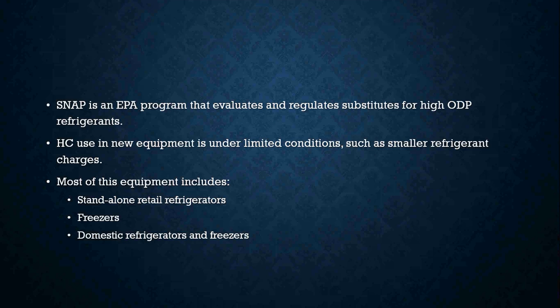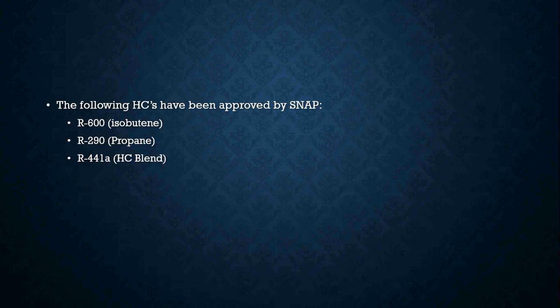SNAP is an EPA program that evaluates and regulates substitutes for high ODP refrigerants. Your HCs are used in new equipment under very limited conditions, such as small refrigerant charges, probably only a couple of ounces as of right now. Most of the equipment you may see these in is standalone retail refrigerators, freezers, and some domestic refrigerators and freezers.